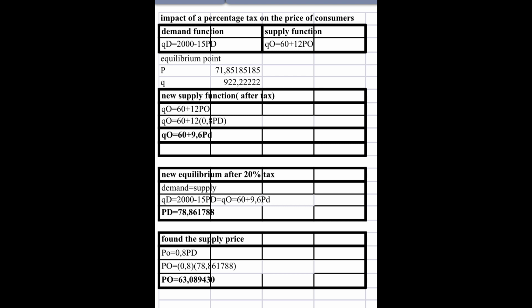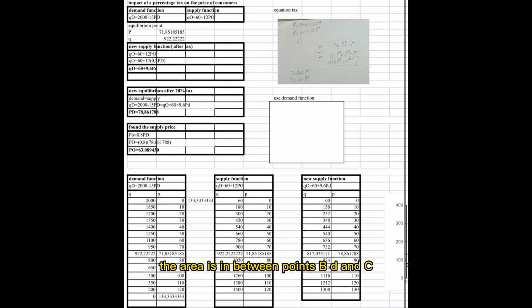Now, for the interpretation of the exercise, we have some parts that are very important to talk about.